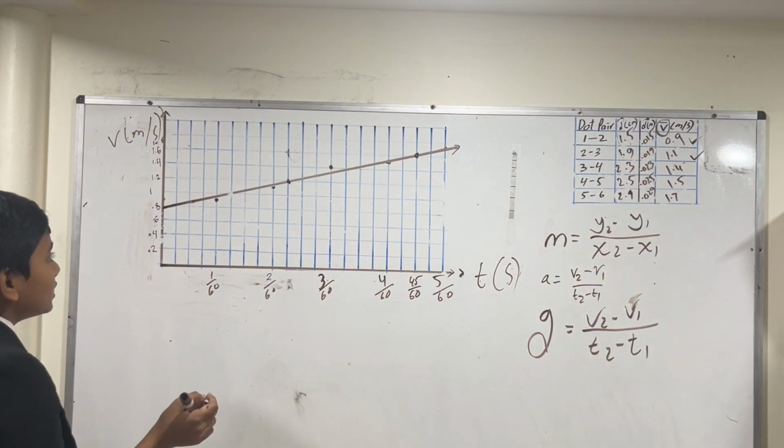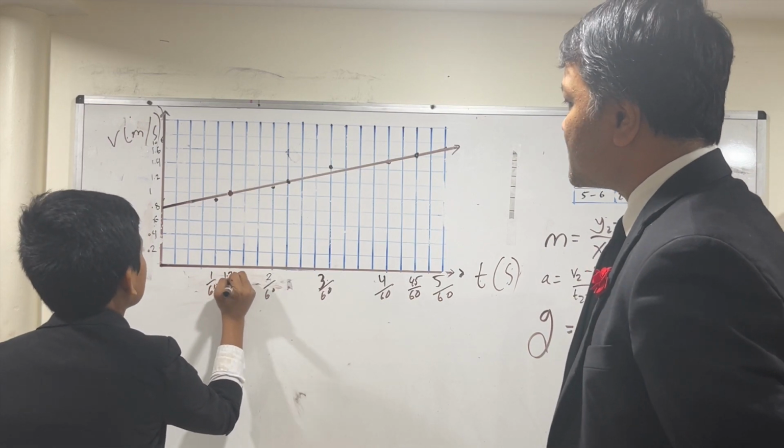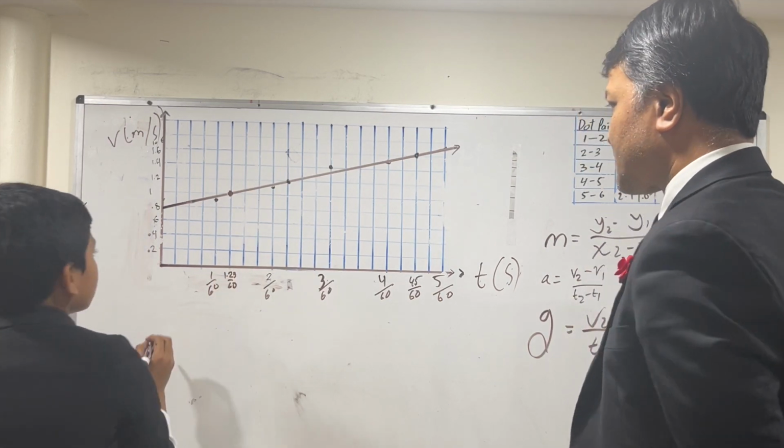Math is important. So here we have 1.25 over 60, comma 1.